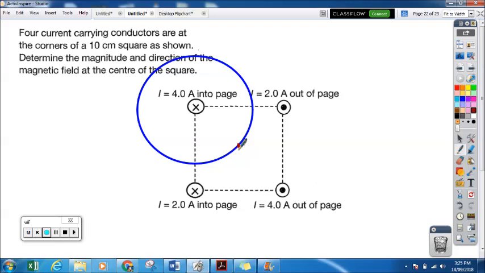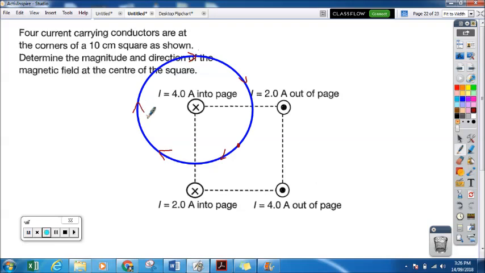Now, using your right hand grip rule, the thumb is placed in the direction of the current. Now the current is here into the board, so you need to point your thumb into the screen and then let your fingers wrap, and you should get that the direction of the magnetic field is in the clockwise direction.